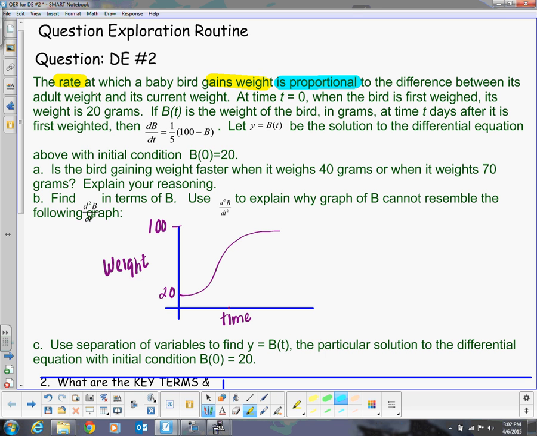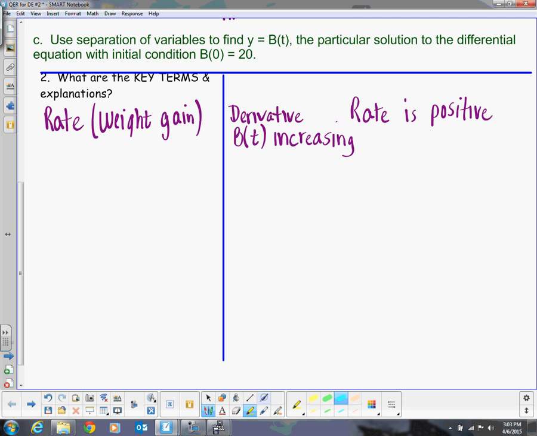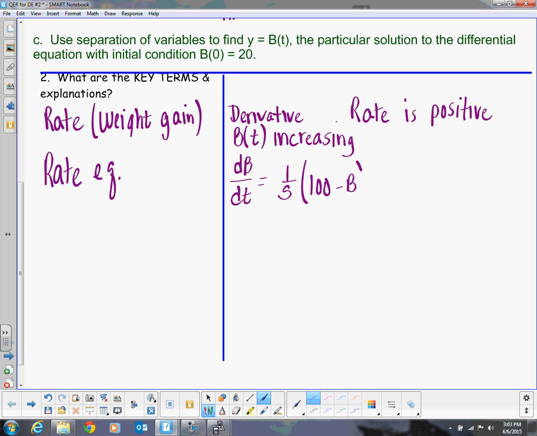The rate, notice dB over dt, is proportional to the difference, and remember usually we would put a K, but the difference between the adult weight, 100, and its current weight, which is B. So that is telling us that our rate equation is going to be dB over dt equals 1/5 times 100 minus B. Now in past times, we would have to find the k and all sorts of other stuff.